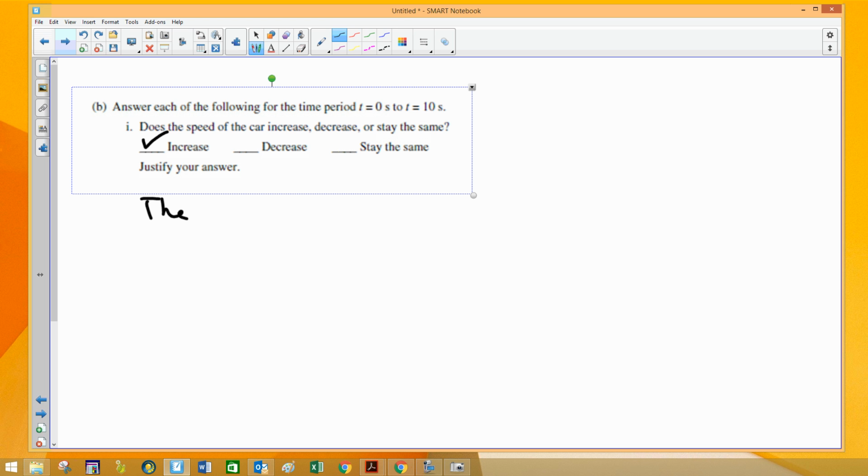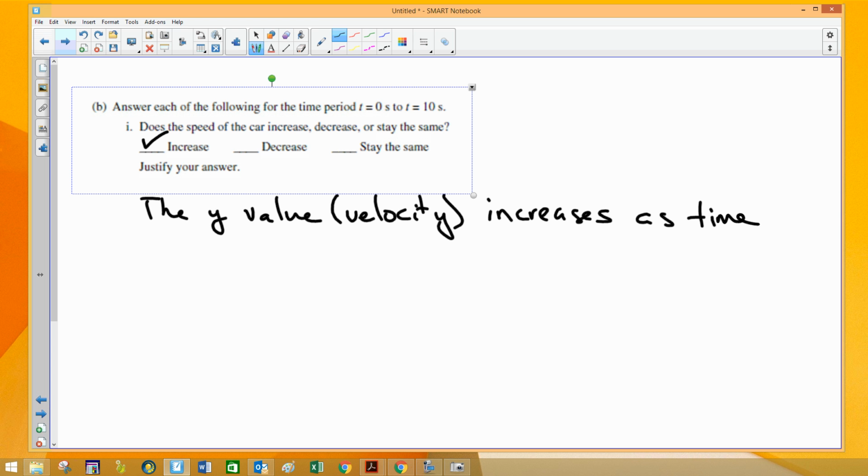The y value, velocity, increases as time increases. So the rubric asks you to, the points, there was 1 point.